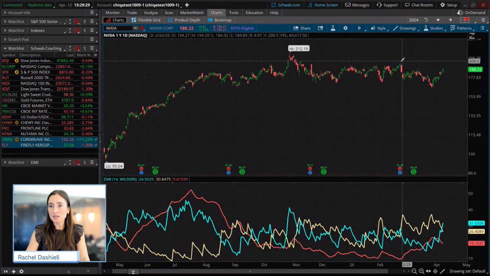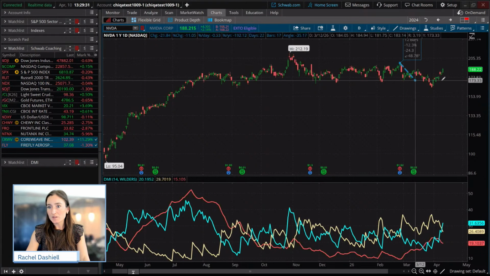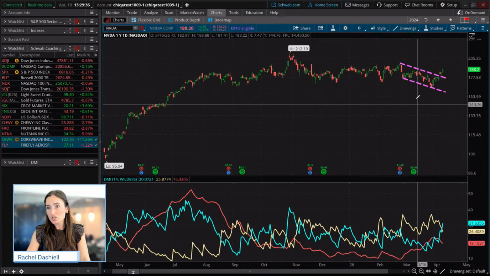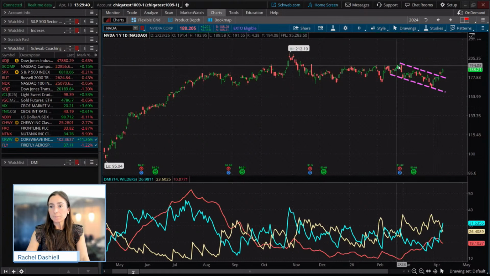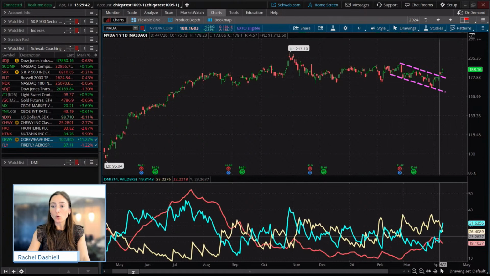So essentially what that means is this trend that we saw to the downside where we had this bearish channel here, that's telling us that that trend has slowed or reversed from the downside.